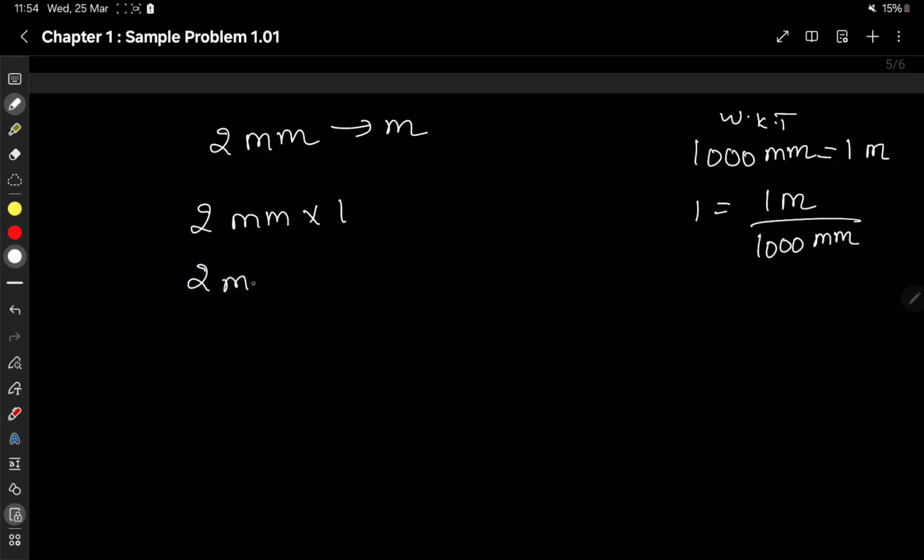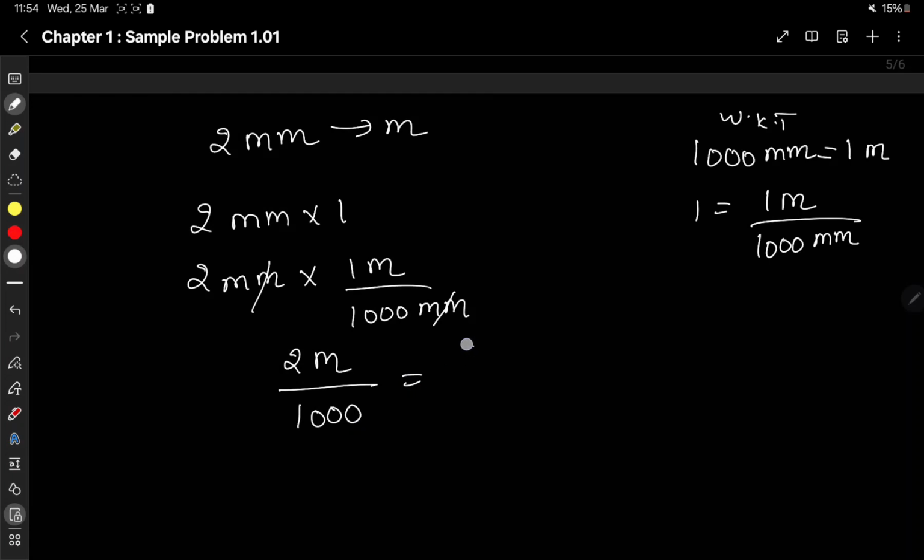So 2 millimeter into 1 meter by 1000 millimeter. So millimeter and millimeter will cancel each other. 2 into 1 will be 2. So 2 meter by 1000, or in other words 2 meter by 10 to the power 3. In other words 2 into 10 to the power minus 3 meter. When the denominator is going to the numerator, its power will change.